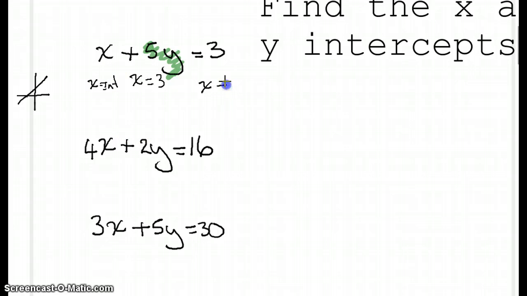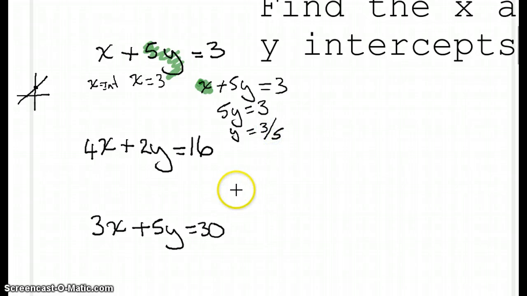I'm going to rewrite the equation again. My y-intercept, my x is 0. So it's called a cover-up method, and I'm just going to cover up the x, because when x is 0, this value goes away. And the only thing I'm left with now is 5y equals 3, y equals 3/5.